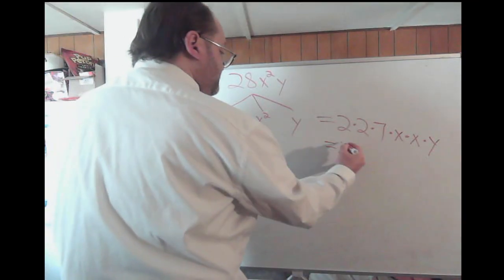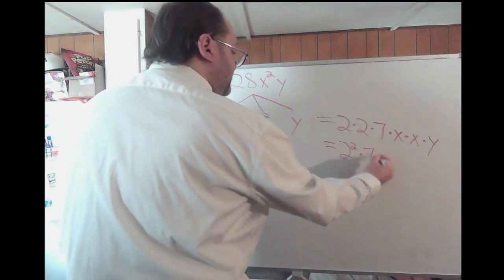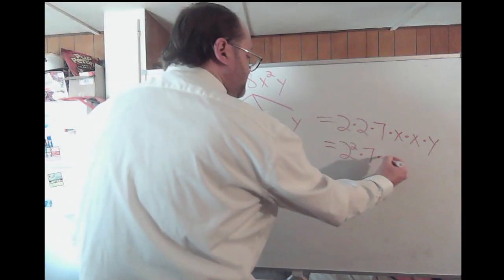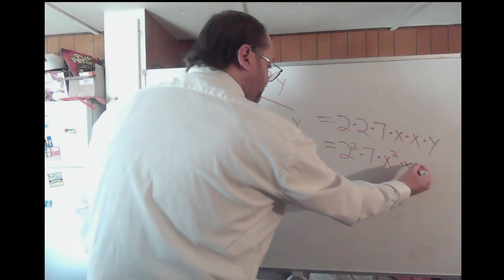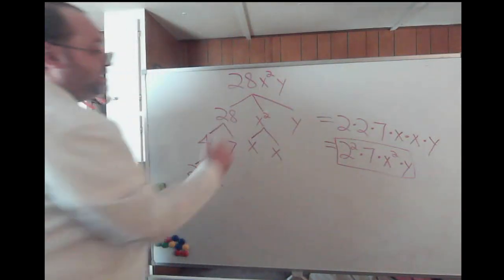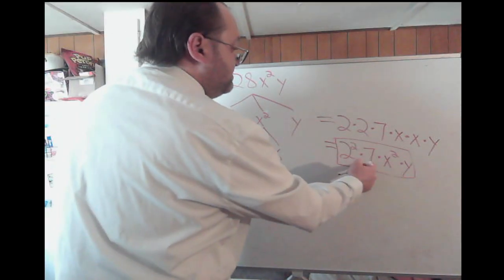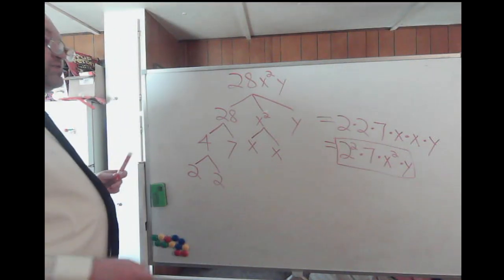We have 2 times 2, which would make that 2 squared. Then you just have times 7. Then you have x times x, which is x squared. Then you just have times y. So your prime factorization for 28x squared y is 2 squared times 7 times x squared times y. That would be your prime factorization.